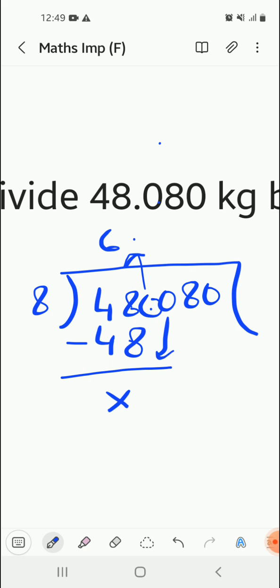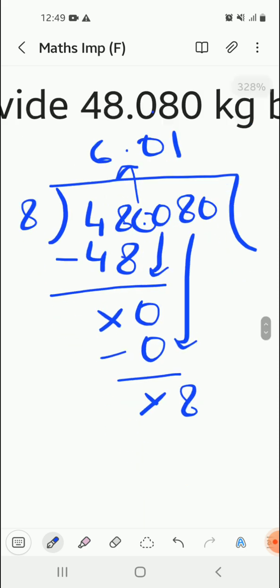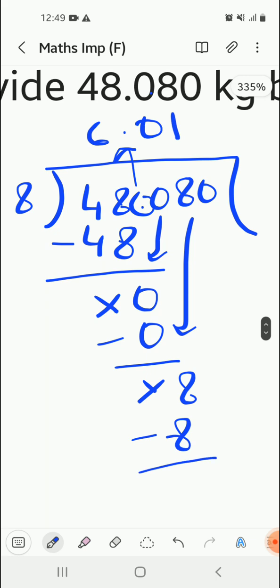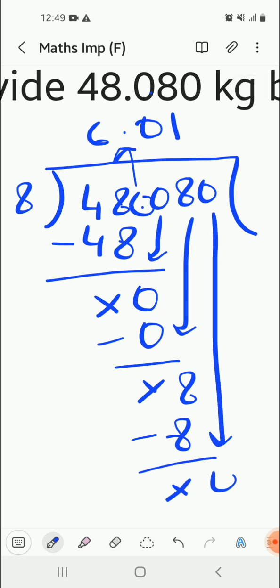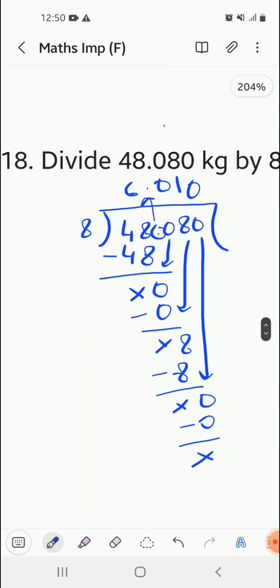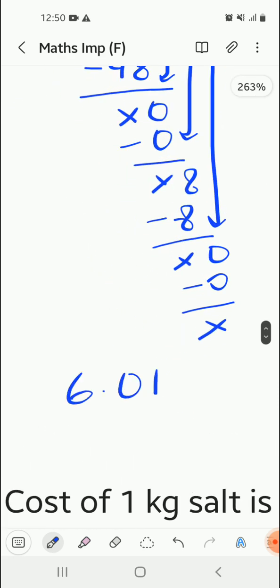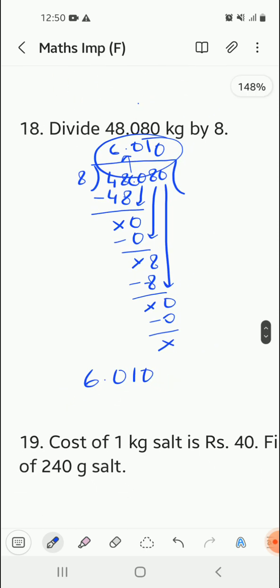Then insert the 0. So 8 zeros are 0. Again next 8. We know it is 8 ones are 8. Again there is 0. So it is 8 zeros are 0. So my answer is 6.010 or 6.01, same thing. So this becomes my answer.